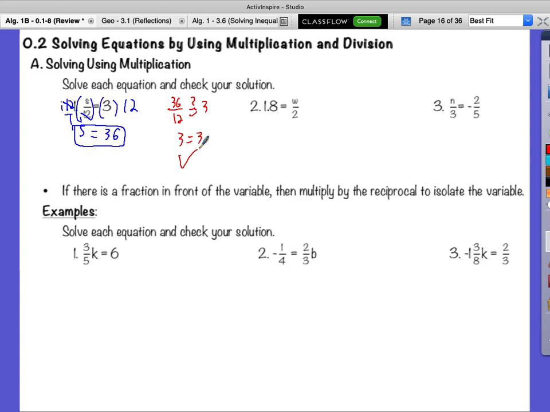I'll multiply that by 2. So 1.8 times 2. It's 2 times 8, 16.